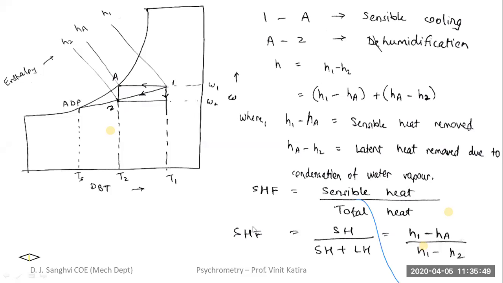You can see that when your sensible heat factor is close to 1, for example 0.9, then the line is almost horizontal. As your sensible heat factor goes on reducing, that means more and more latent heat is supposed to be removed, and your line slope goes on increasing.